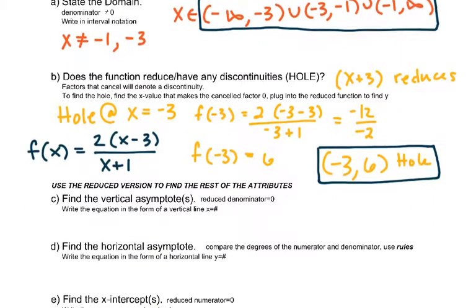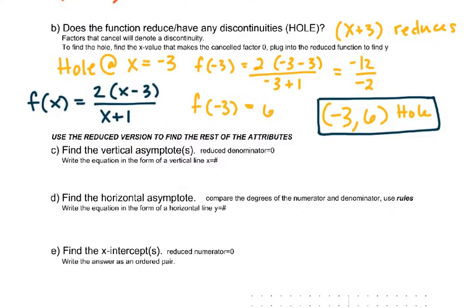And we write that hole as an ordered pair. Okay, so for everything else that we do, we're going to use the reduced function. My reduced function, I'll rewrite it. f of x is 2 times x minus 3 over x plus 1. And we could multiply that back out if we wanted and say 2x minus 6 in the numerator. It would still be the same thing.